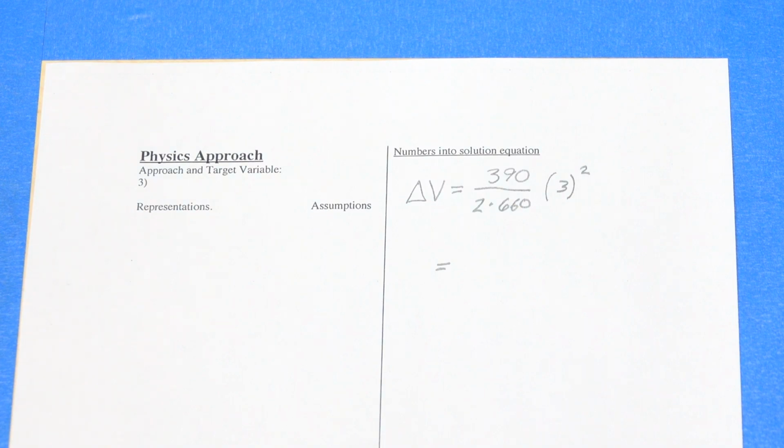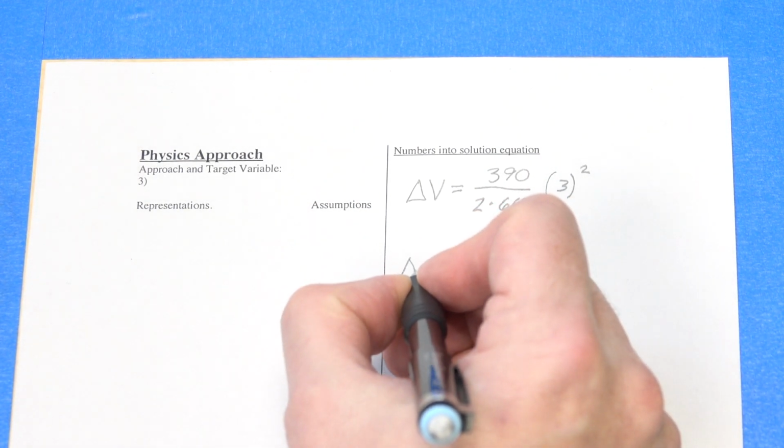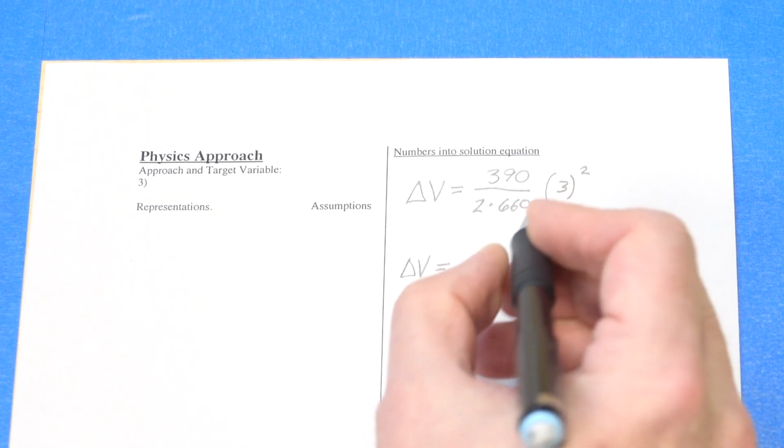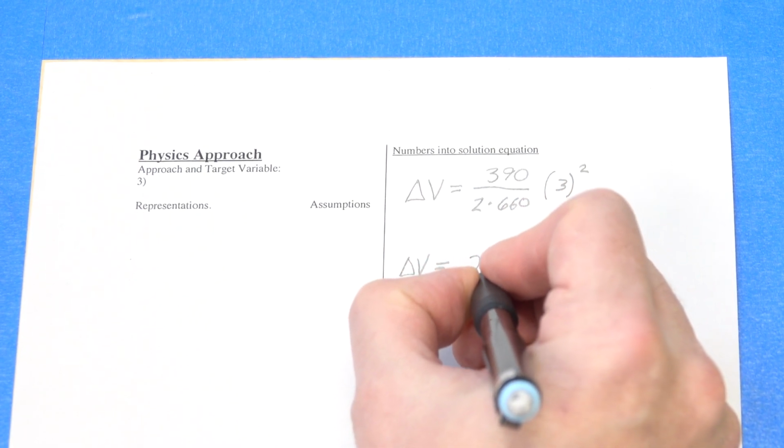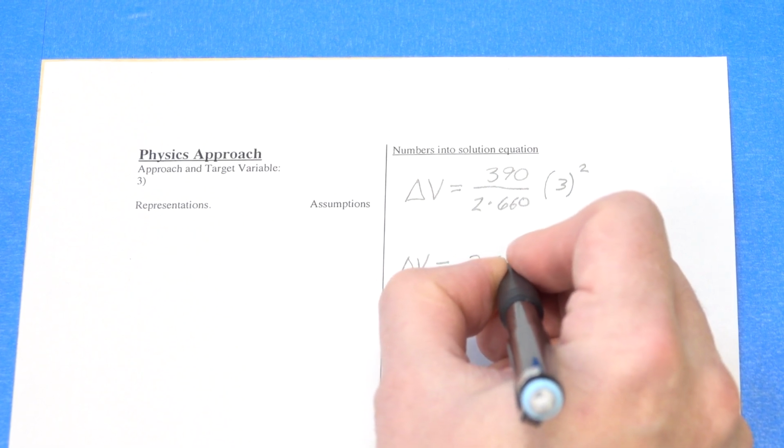So 390 divided by 2 divided by 660 gives me a number, and that's going to be multiplied by 9. And my change in velocity given these numbers is 2.65.